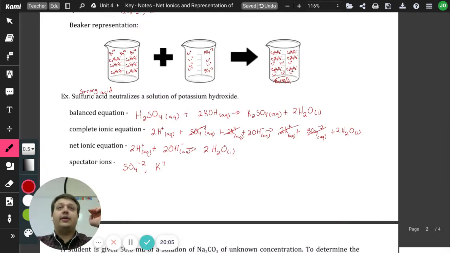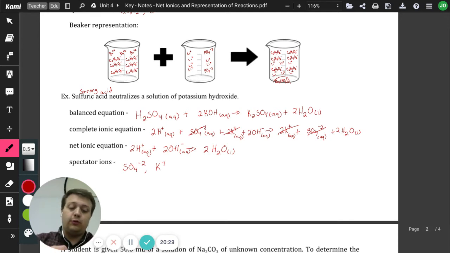All right, so let's take a look at this. It says sulfuric acid neutralizes a solution of potassium hydroxide. Now, for this, we do need to recognize that I've got sulfuric acid and potassium hydroxide. Sulfuric acid is soluble because it is a strong acid. Potassium hydroxide is soluble because it is a strong base, so we know both of those would be aqueous.